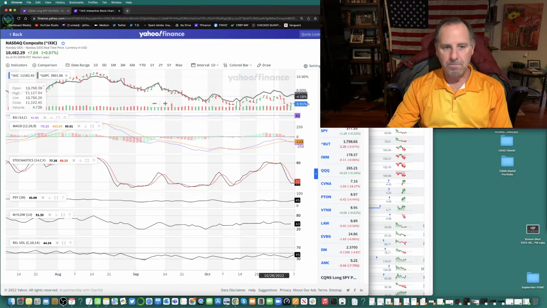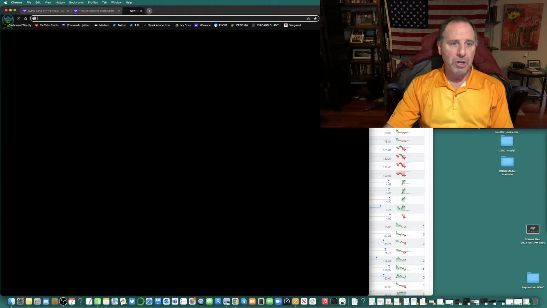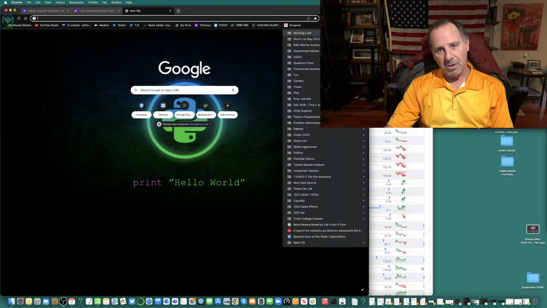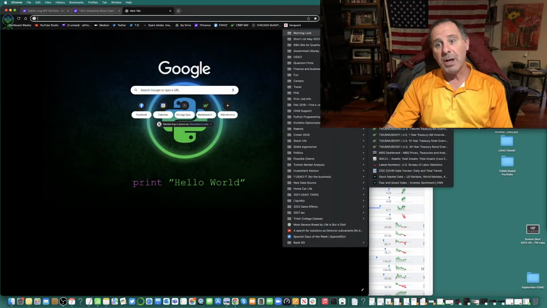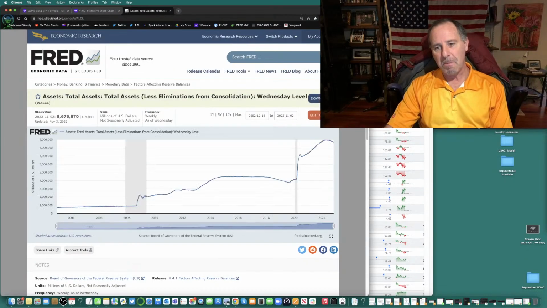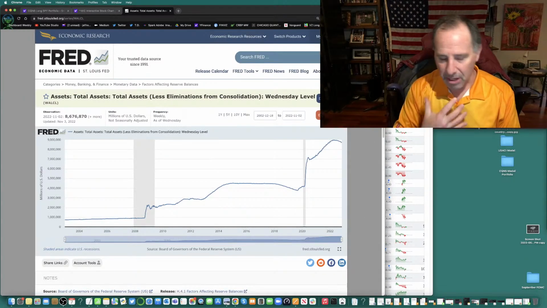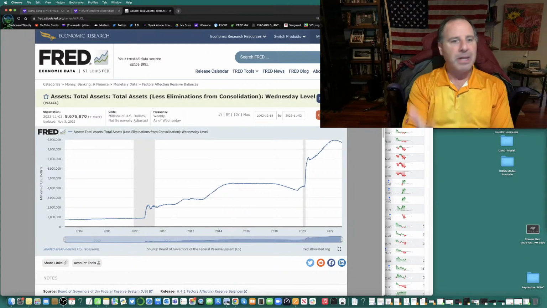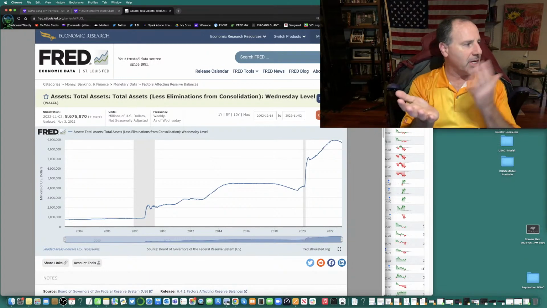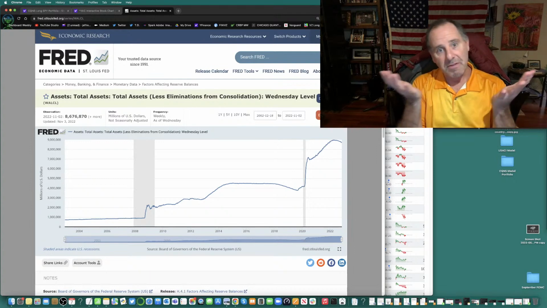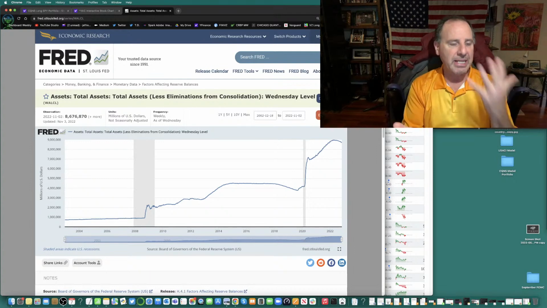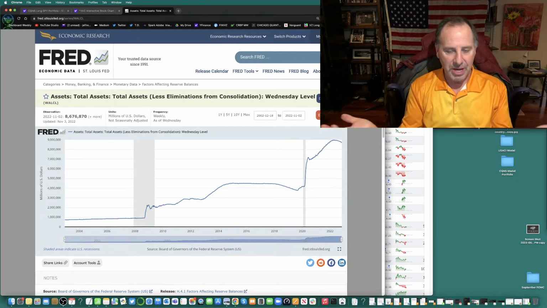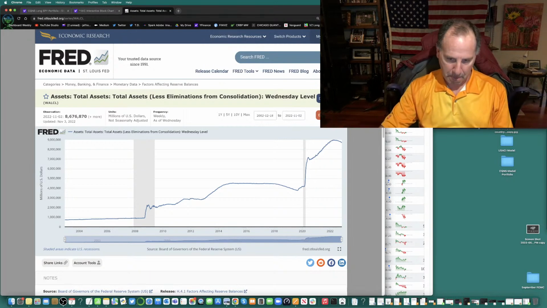And so, maybe one other chart. So, Jeffrey, you just talked about liquidity, right? What does that mean? To me, liquidity means how much money is on the bid and the ask. How much money is available to be buying and selling stocks so that it could be a smooth market.